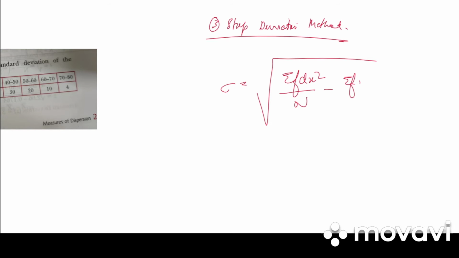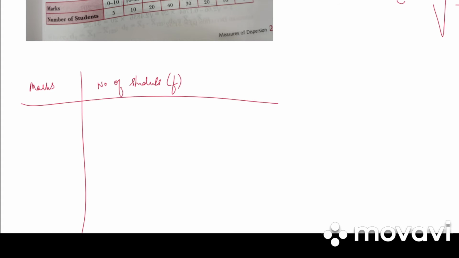So, the formula is standard deviation equals c times the square root of summation f dx square divided by n minus the square of summation f dx by n. Using the step deviation method, calculate the standard deviation. We have marks and number of students, that is f.